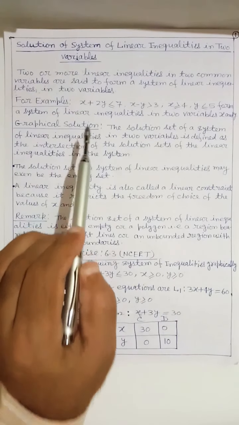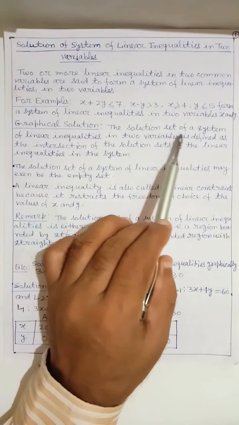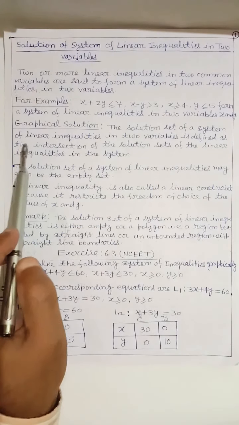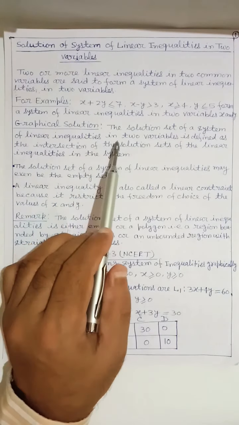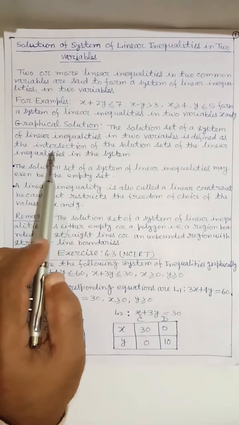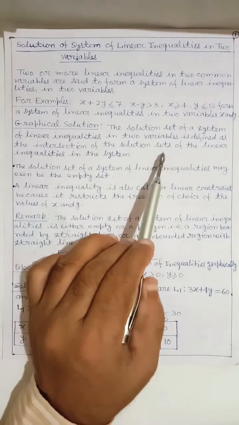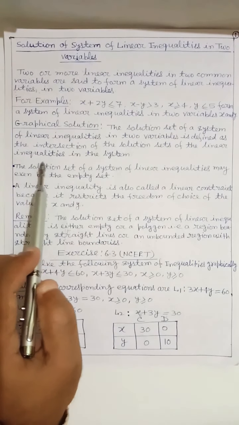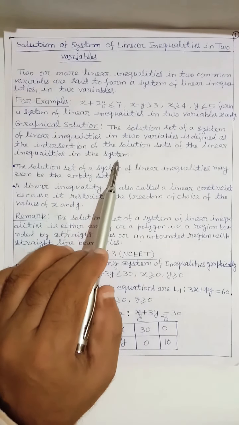Graphical solution: the solution set of a system of linear inequalities in two variables is defined as the intersection of the solution sets of the linear inequalities in the system.